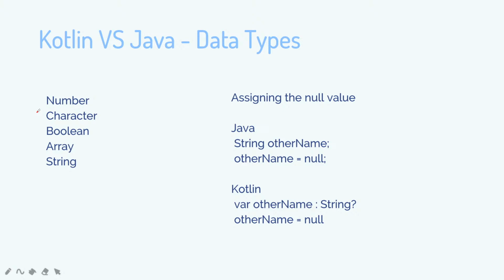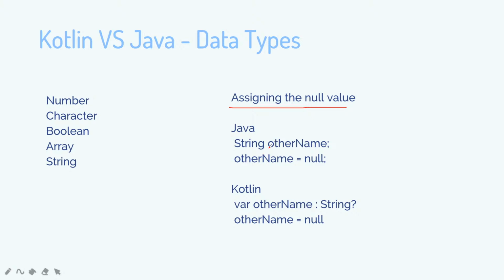Some of the data types you can see here are numbers, characters, boolean, array, and string. Okay, and if you want to assign null values in Java, you can use String other name, so other name is equal to null.